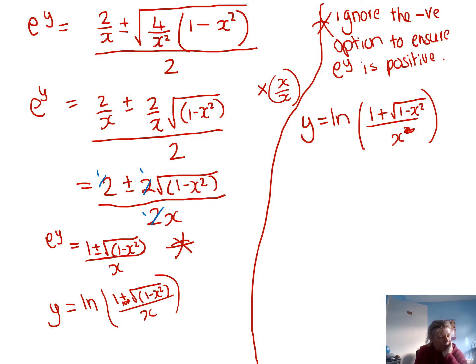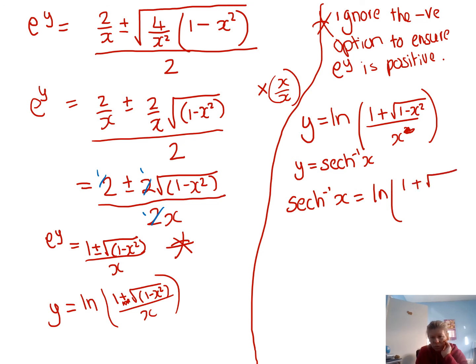Right. We've got to state the range and domain, haven't we? And I should have written at the beginning that we're given y equals sech to the minus 1 of x. So that means sech to the minus 1 of x will equal ln of 1 plus root 1 minus x squared over x.